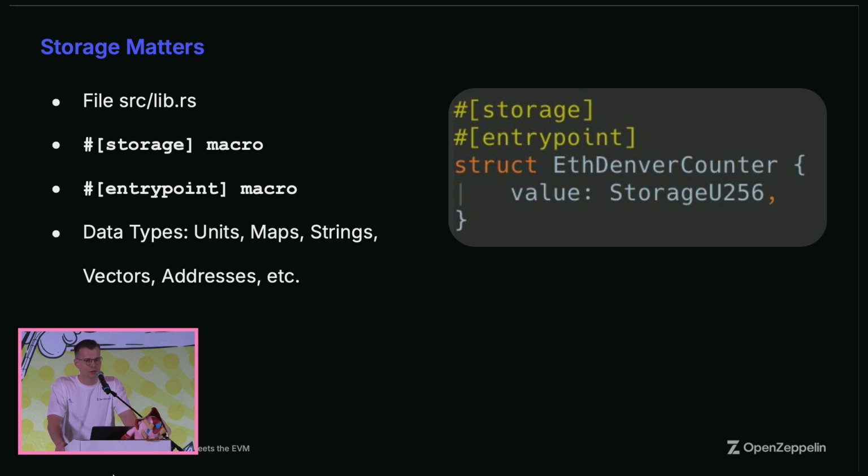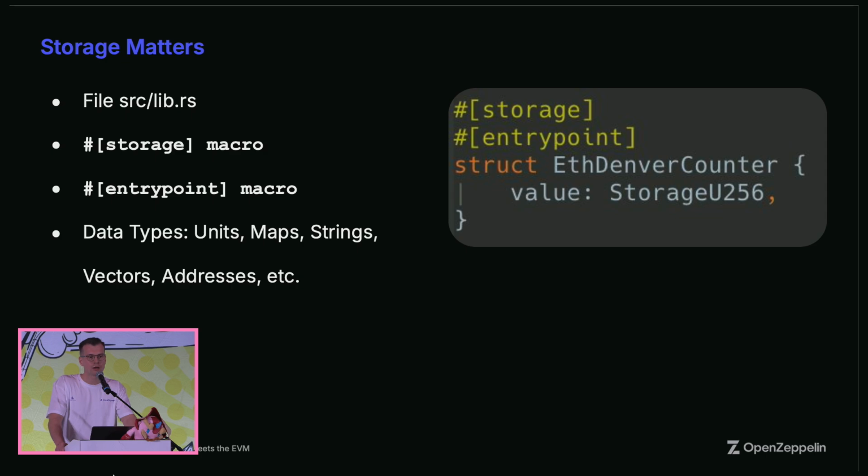To have our Stylus contract, we need to use 2 Rust macros that come from the Stylus SDK. The first macro is storage. This macro generates for us the Rust code to interact with the EVM persistent storage. So with this, we can just store values for our counter and also retrieve the value from the storage.